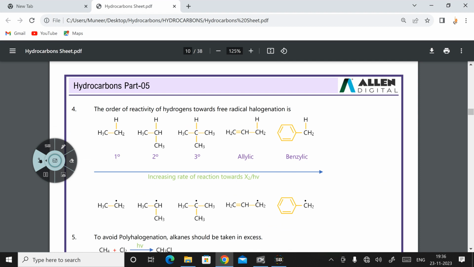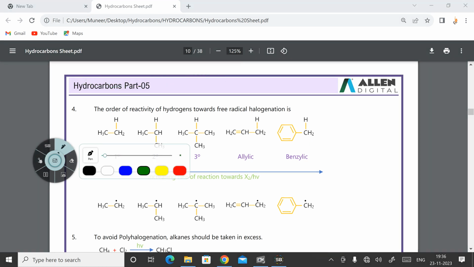Tertiary, secondary or primary free radical? Already explained that one, isn't it? Primary carbocations stability, carbanions stability, free radicals stability already given. So here free radicals, because halogenation takes place by free radicals. Greater the stability of free radical, greater is the speed of the reaction.